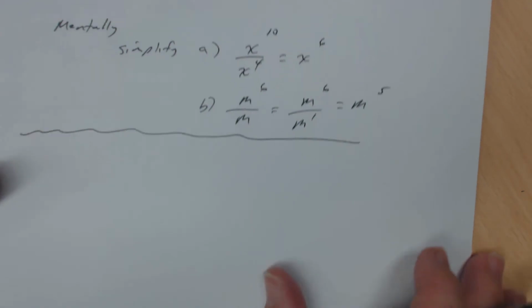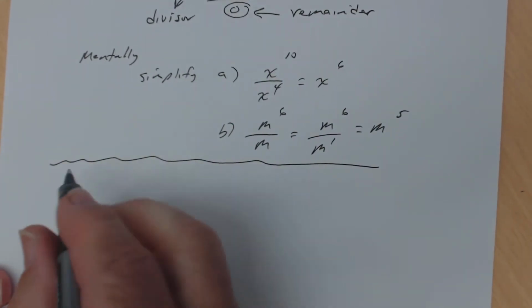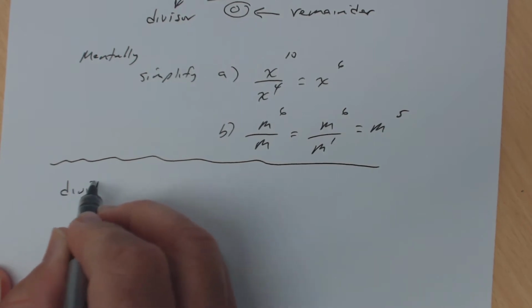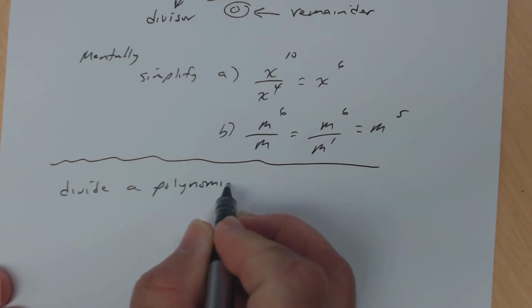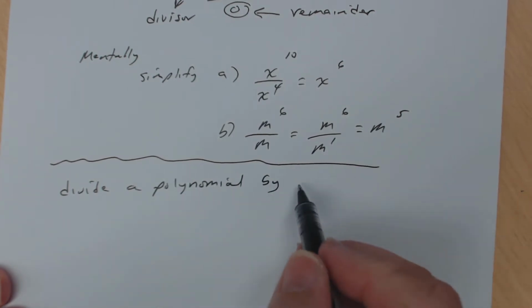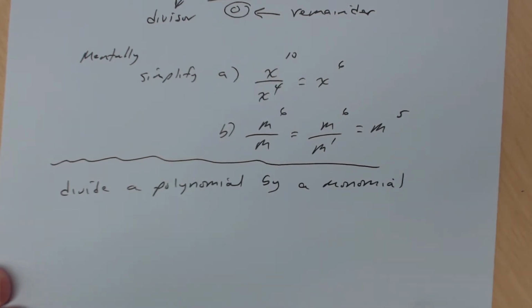The first thing we're going to do in part 1 is divide a polynomial by a monomial. Right, so I'm going to divide a polynomial by a monomial.